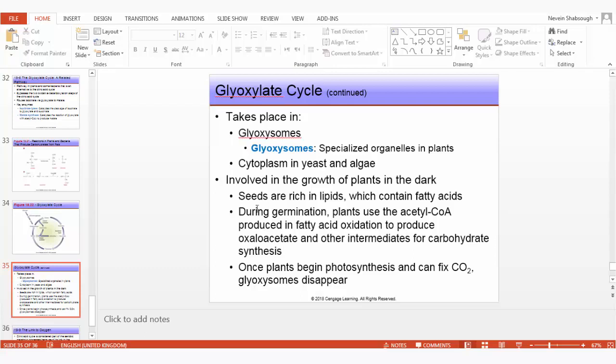So, seeds are rich in lipids, which contain fatty acid. During germination, plants use the acetyl-CoA produced by the fatty acid oxidation to produce oxaloacetate and others, until plants begin photosynthesis and can fix CO2.